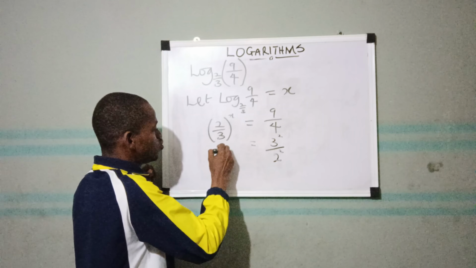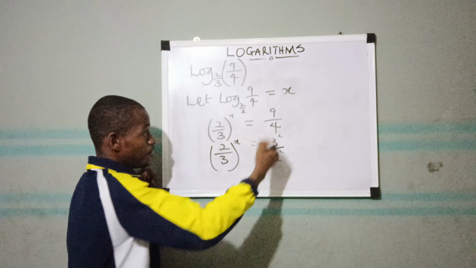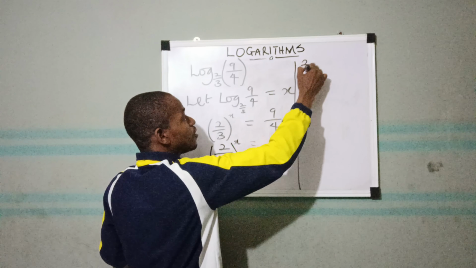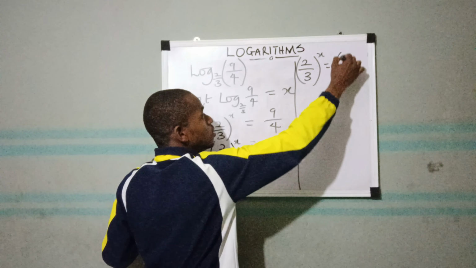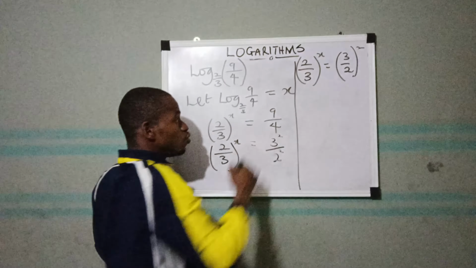So this becomes 2 over 3 raised to the power of x is equal to 3 over 2 raised to the power of 2.